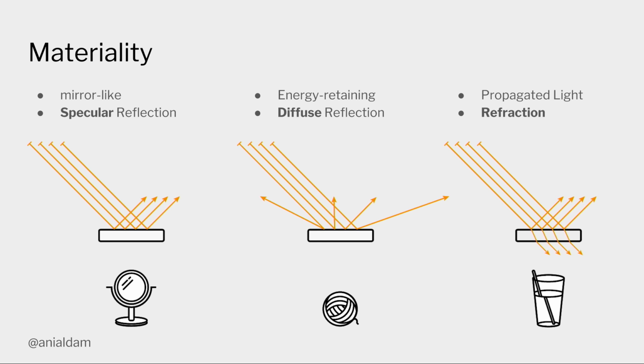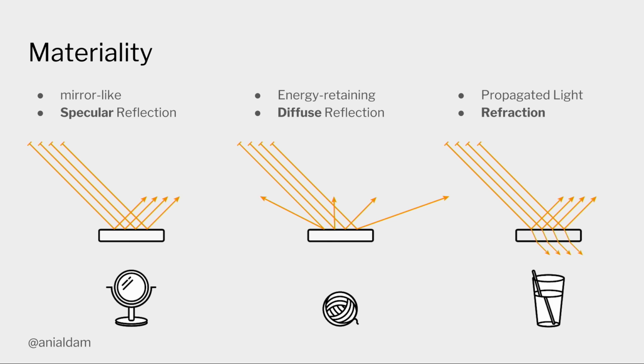You have materials like mirrors or metals that are reflecting the light, which means that they are uniformly reflecting the rays, and through the uniformness, you will actually be able to see your reflection. Then you have things like diffuse materials, which are super chaotic, and they basically scatter the rays all around the place.